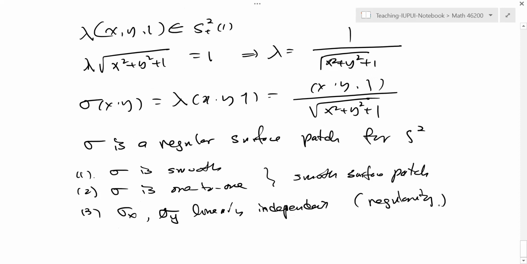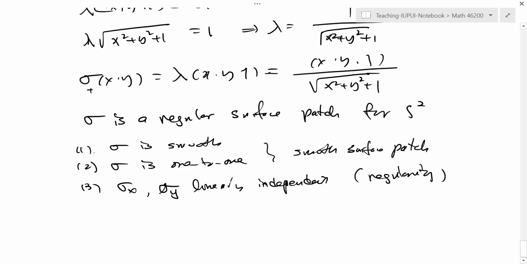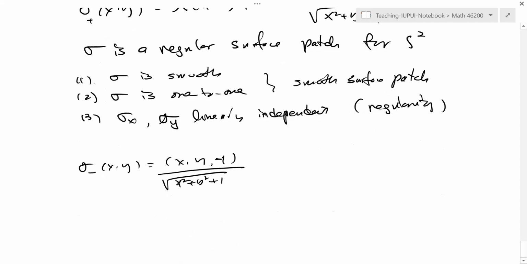But we do have another one you can define. This is the top, right? So similarly, you can define the bottom one with -1, sigma of negative x, y.